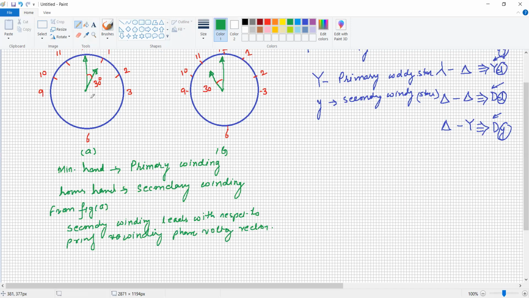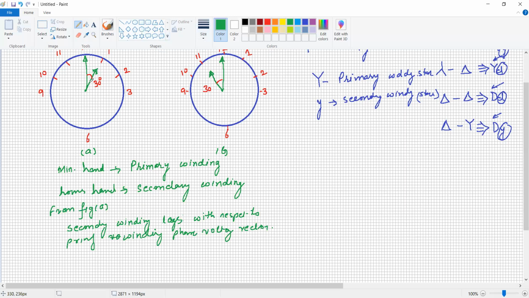Okay, yes, secondary winding, not lead, it is a lag. Okay, secondary winding from figure, you have taken this figure, lags. It is lagging because in our vectors, we always refer anti-clockwise direction.